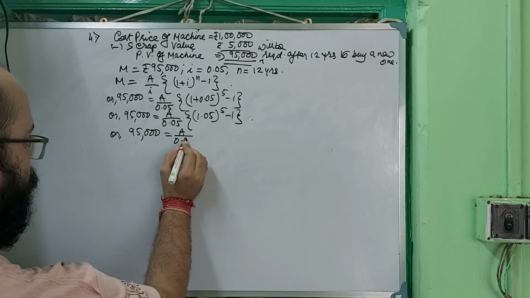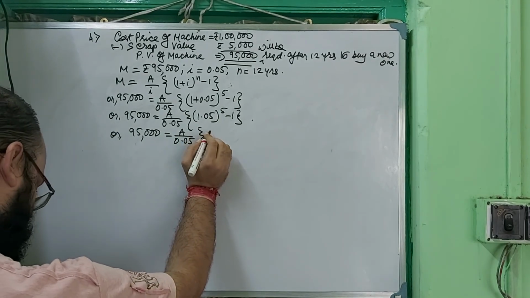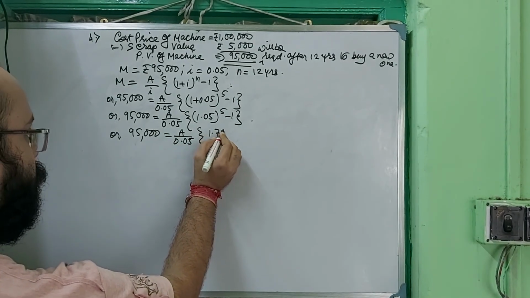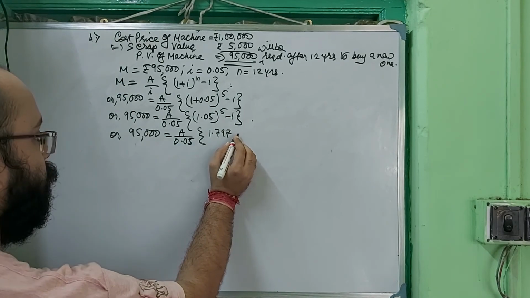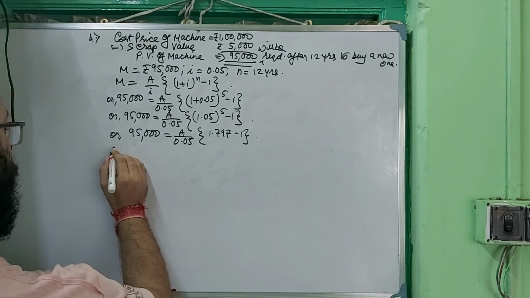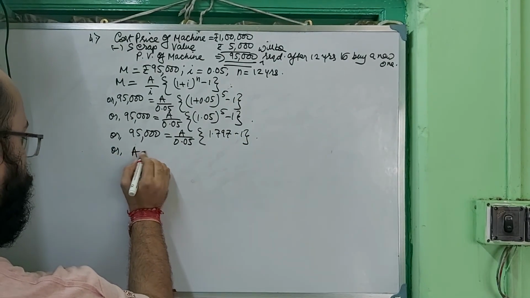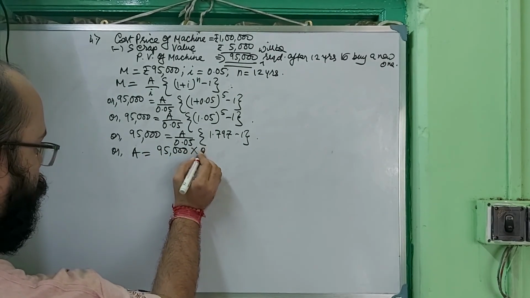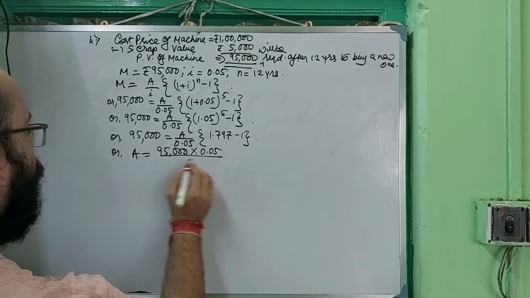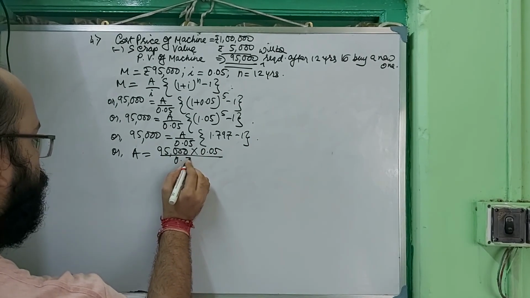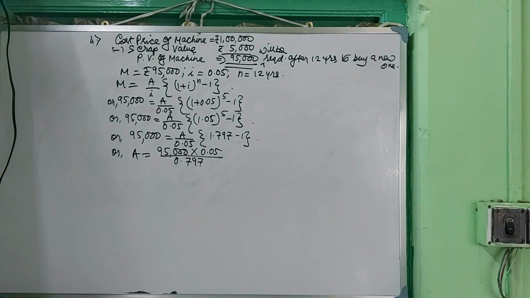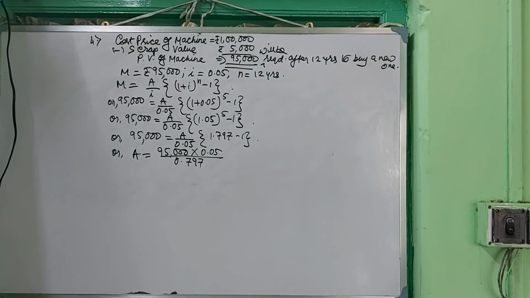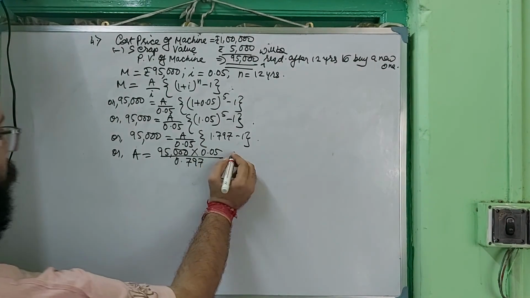I am just putting the value 1.797 minus 1, or A is equal to 95,000 into 0.05 divided by 0.797. If you minus 1.797 minus 1, you will get that.